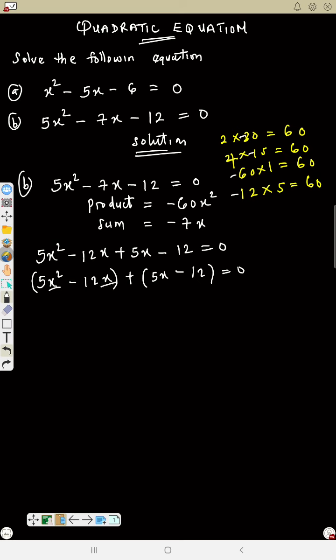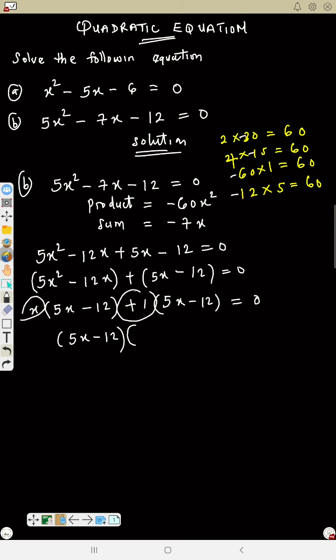In s squared and s, what's common? So I can easily say s is common. So it will remain 5s minus 12, then plus, so 5 and 12, nothing is common, we say 1 is common, then I have 5s minus 12 is equal to 0. Now 5s minus 12, 5s minus 12, take 1 out of the 2, so we have 5s minus 12, and take the outside one, s plus 1, so that will be s plus 1 equals 0.